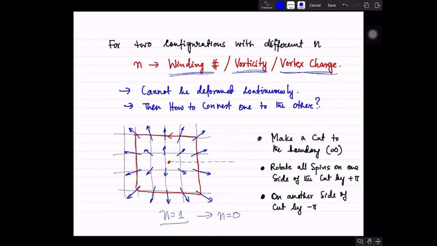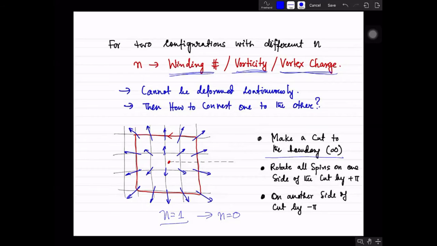One prescription is to start with the point near the singularity, and then make a cut all the way to the boundary. Remember, this is an infinite system, we are in the thermodynamic limit, and we make a cut like this.